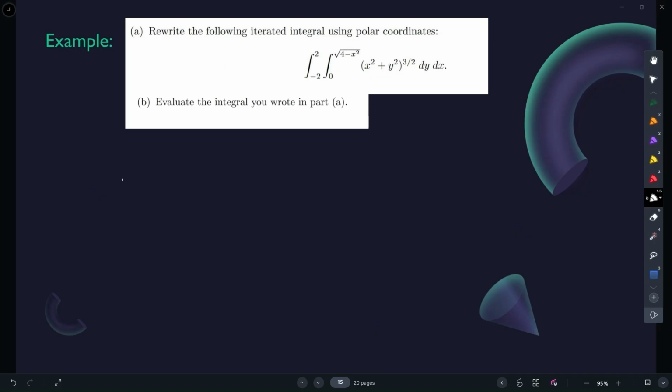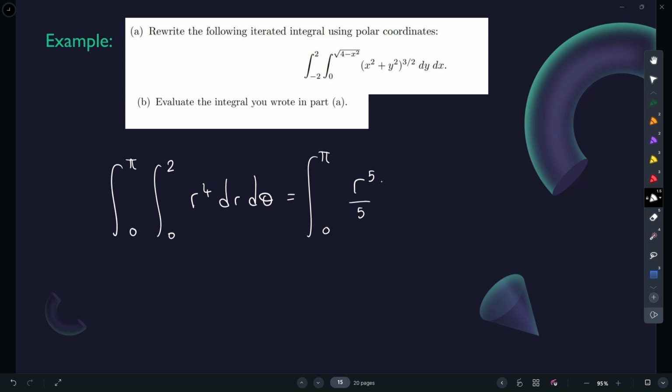Okay, so now we have to integrate the integral from 0 to pi, from 0 to 2 of r to the 4 dr d theta, which will be the integral from 0 to pi of r to the 5 divided by 5 between 0 and 2 d theta, which is the integral from 0 to pi of 2 to the 5, which is 32, divided by 5 d theta.